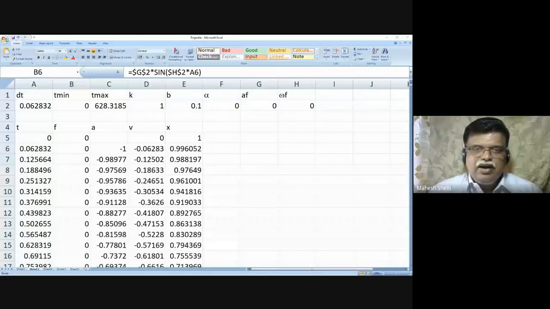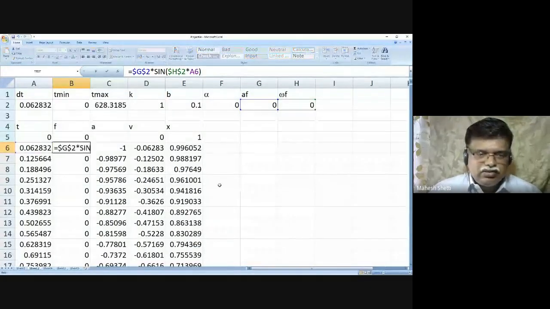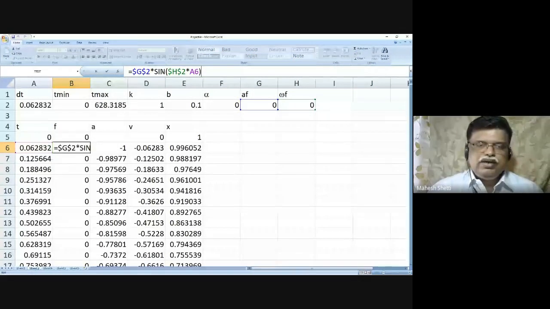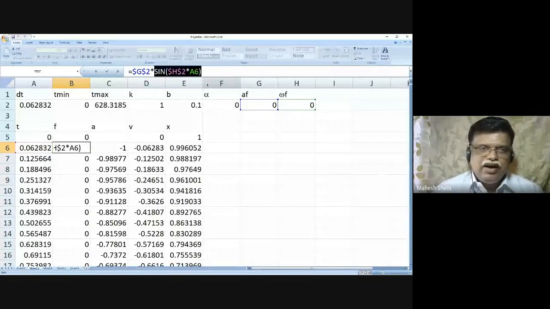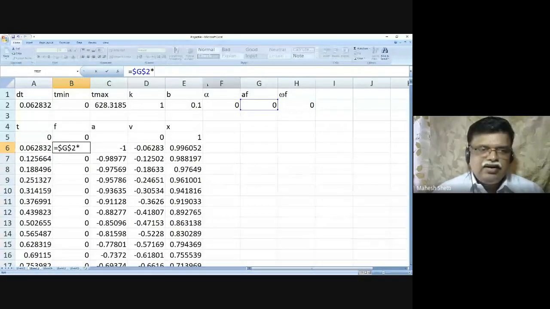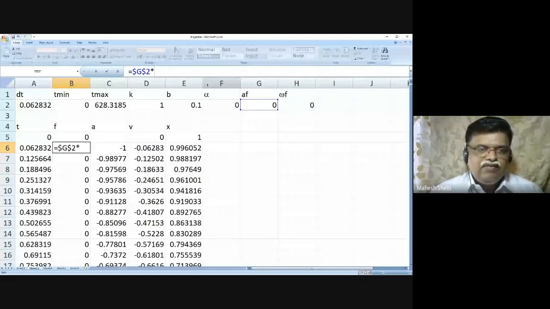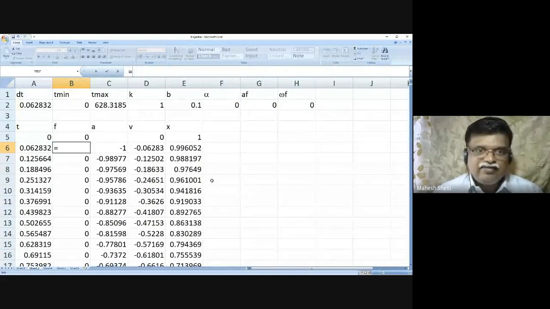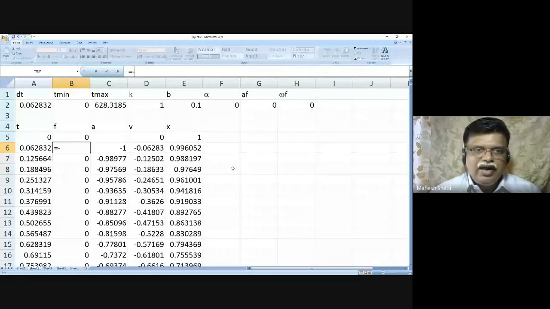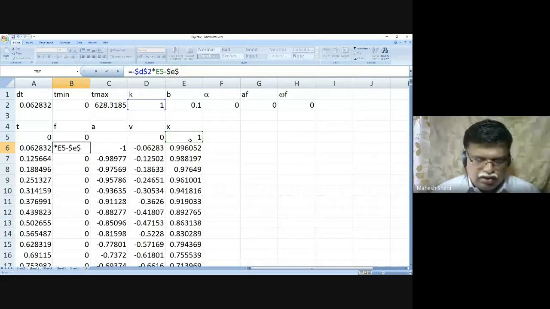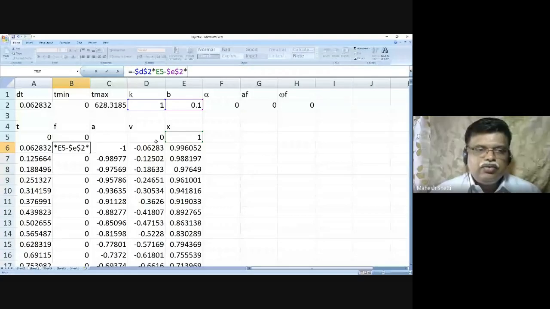If I click on this, this was the sine term that we talked about. Now suppose I don't want to do that. I want a damped forced harmonic oscillator. So I write the force as minus k x, with k in $D$2, multiplied by x, minus $E$2 multiplied by v. So minus kx minus bv.